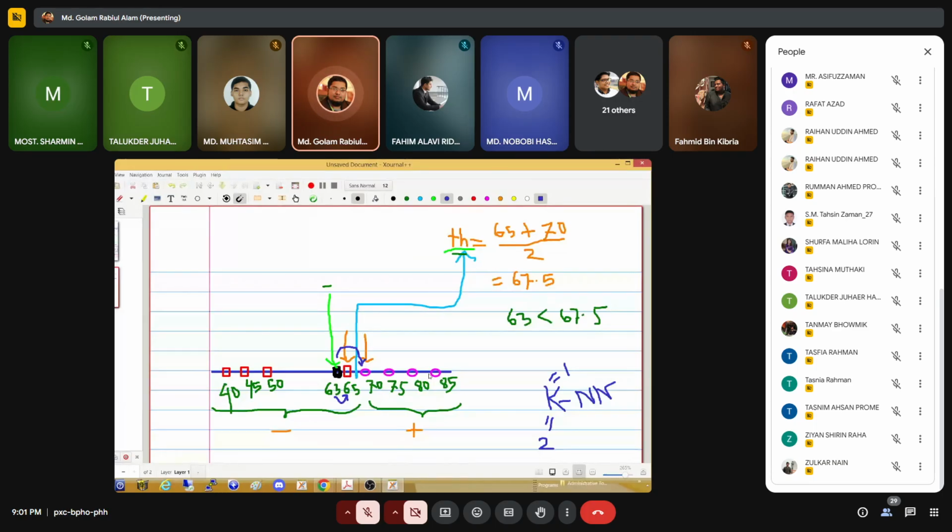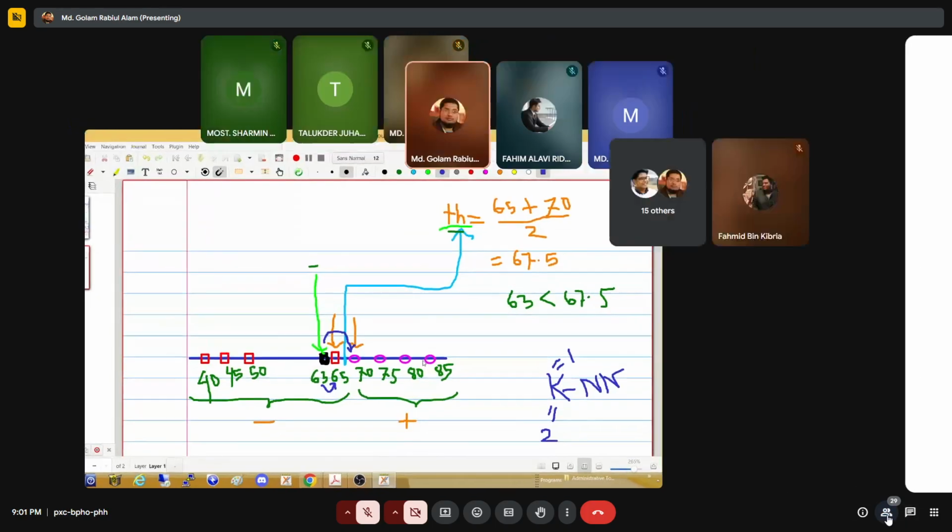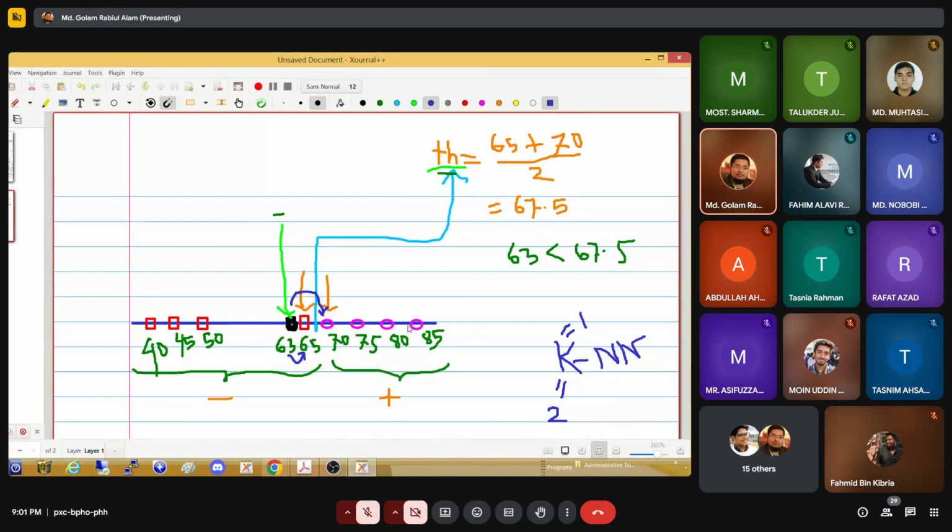In the case of KNN with K equal 2, one patient is positive and one is negative. Again, it's a tie, so we can think about weighted KNN. Let's say it is a 50% possibility that the patient has obesity and 50% that the patient has no obesity. So we have to increase the value of K.